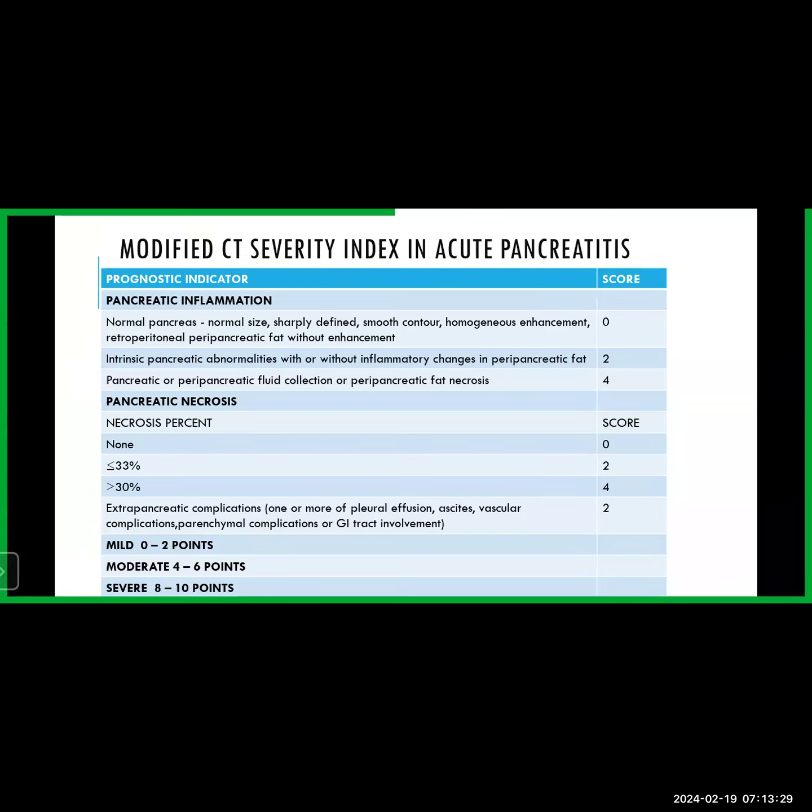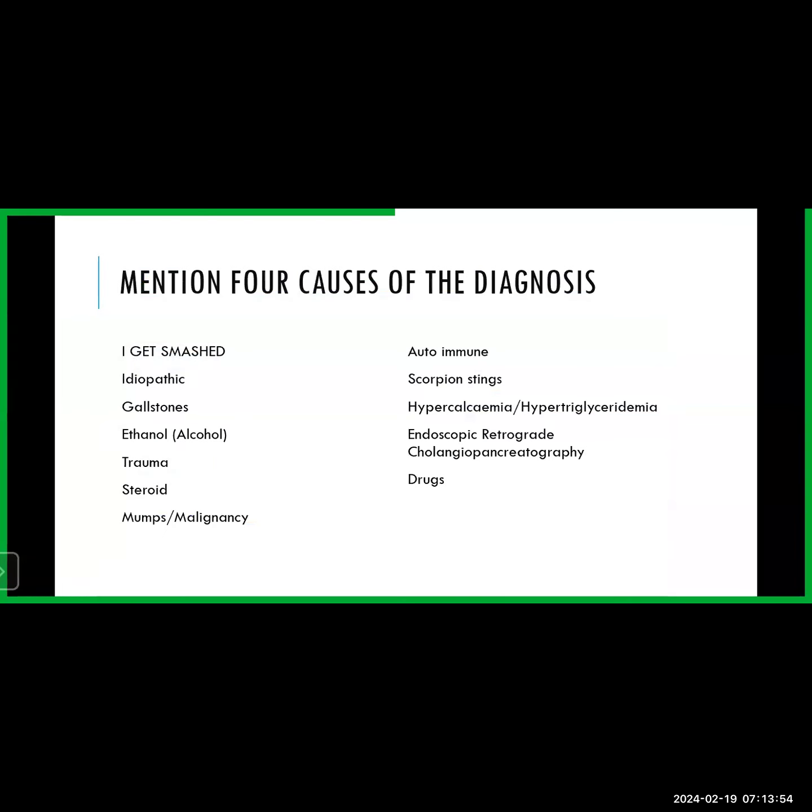If it's less than or equal to 33% necrosis seen, score of 2. And if necrosis is more than 30%, score of 4 is given. Then if there are other extrapancreatic complications like pleural effusion, arthritis, vascular complications, score of 2 is given. And then based on the score, it's classified as either mild, moderate, or severe.